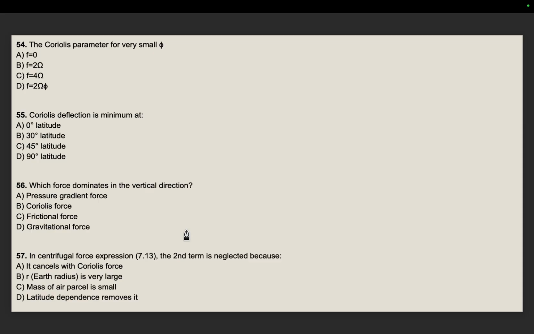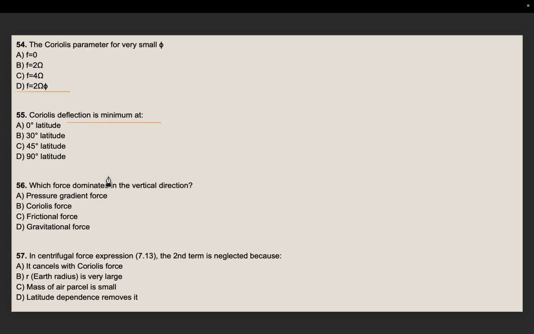Question 54. The Coriolis parameter for very small phi is written as what? Option D. Yes, this is option D, the approximation sin phi equals phi. Coriolis deflection is minimum at which latitude: 0 degree, 30 degree, 45 degree, or 90 degree?